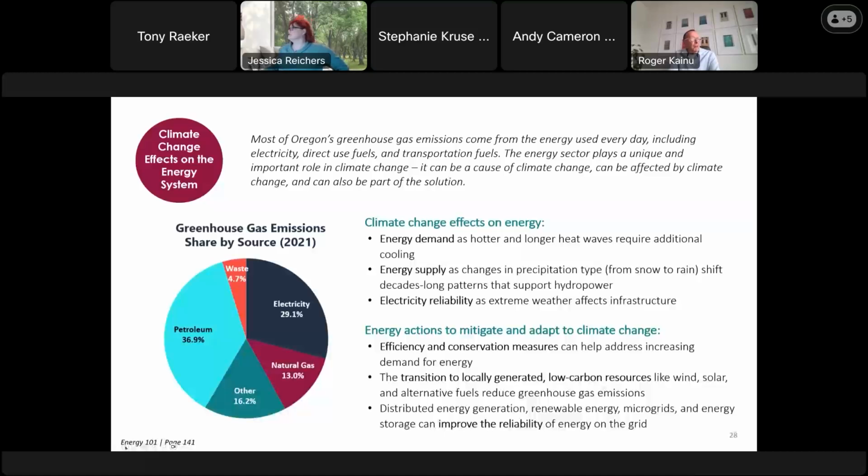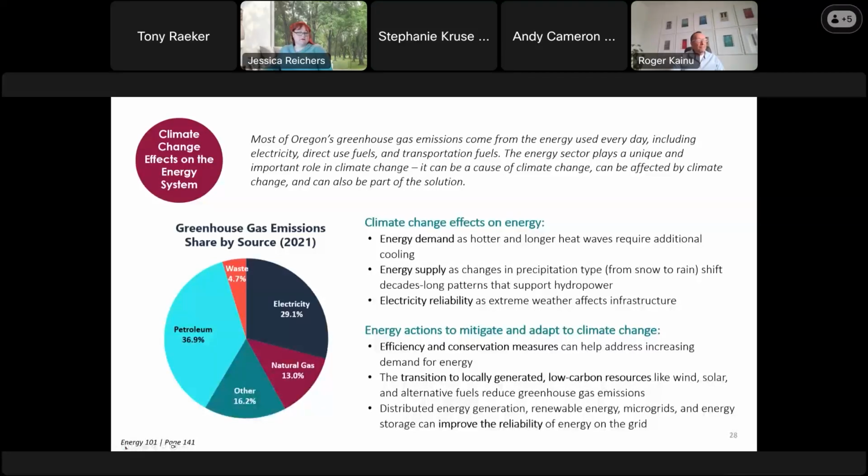Most of Oregon's greenhouse gas emissions come from energy used every day, including electricity, direct use fuels, and transportation fuels. Five main economic sectors: transportation, commercial, residential, industrial, and agricultural, contributed about 61 million metric tons of carbon dioxide equivalent in Oregon in 2021.